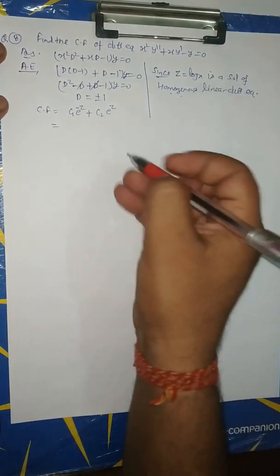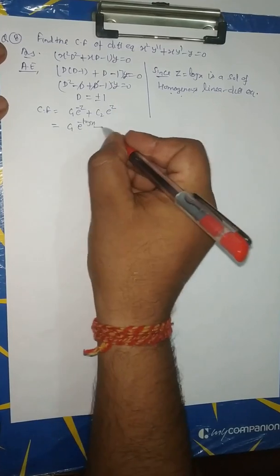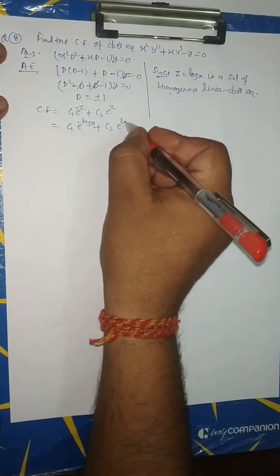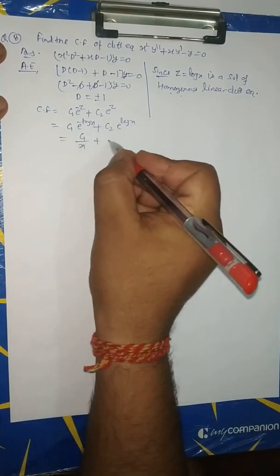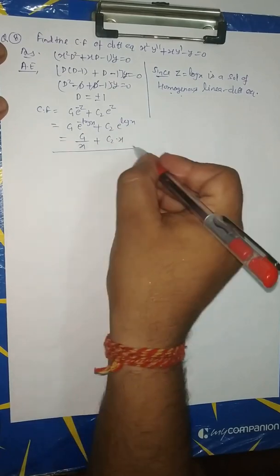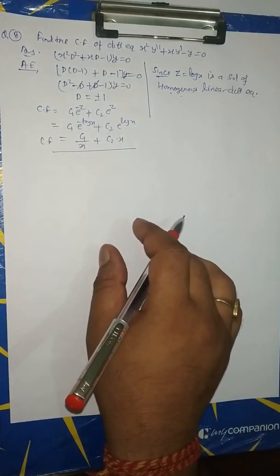Now putting the value of z equal to log x, C1 e to the power minus log x plus C2 e to the power log x. Now C1 upon x plus C2 into x is the CF part of the equation.